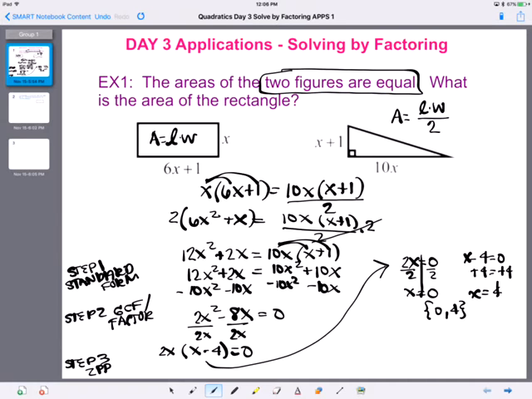So that's step 4, write your solutions. But then they asked us to find the area of the rectangle. So we need to plug x in.